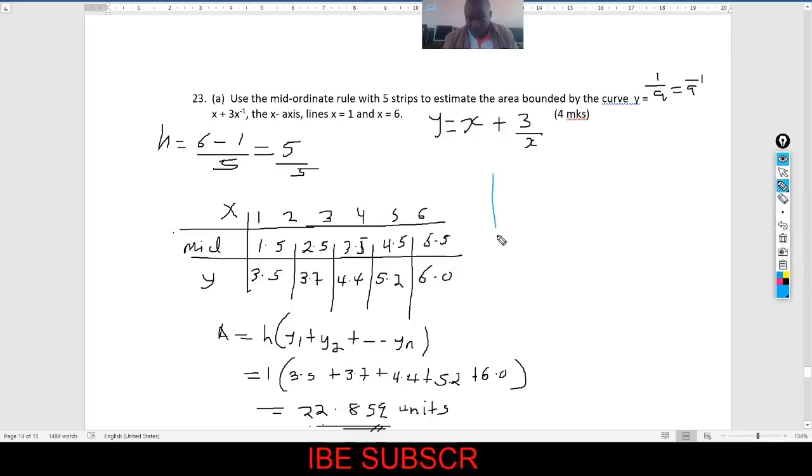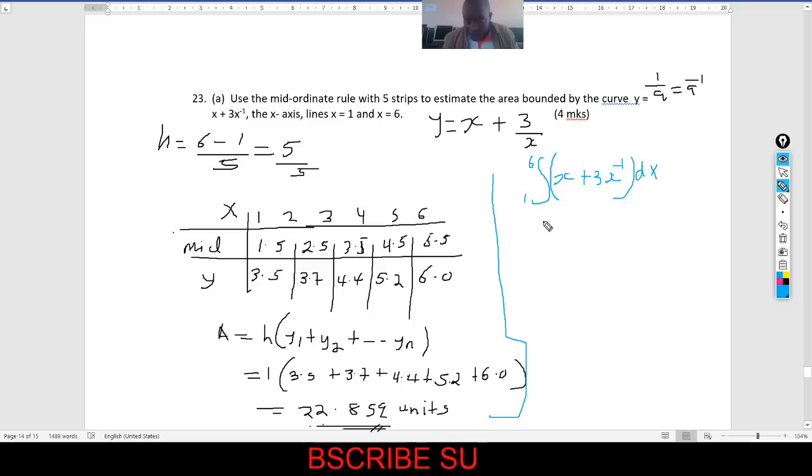By integration, we integrate from 1 to 6, we can integrate when it is in this form, not in this form. So we integrate x plus 3x power negative 1 with respect to x.